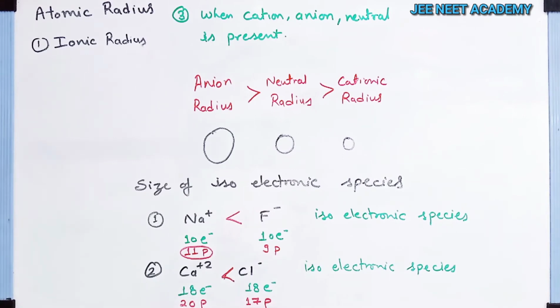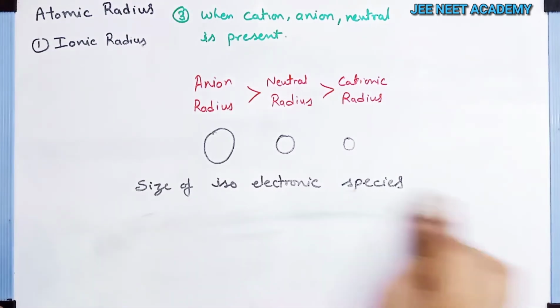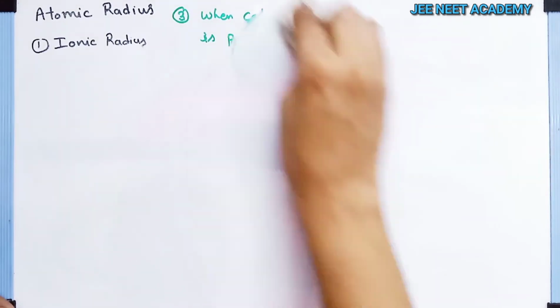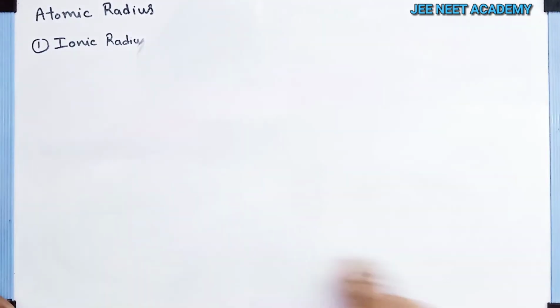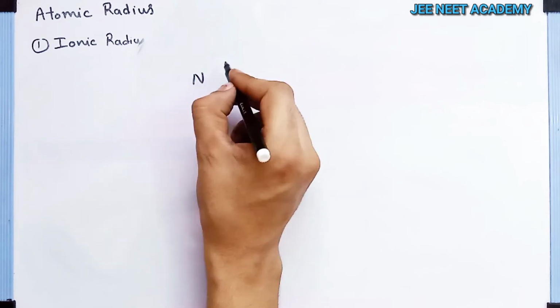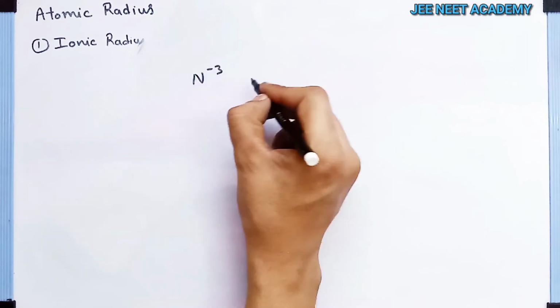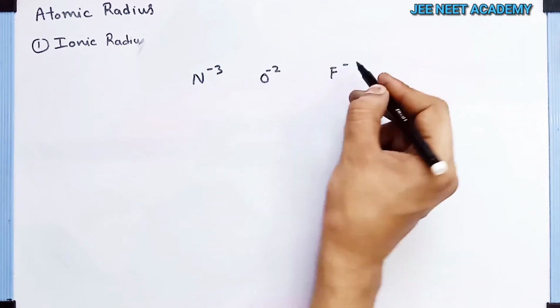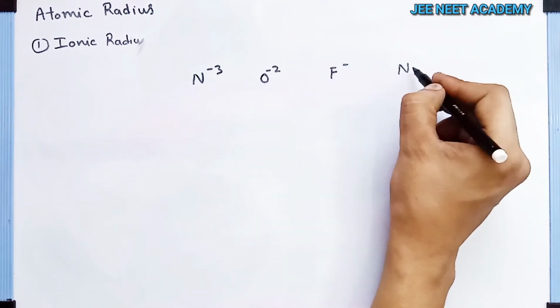Now we'll do an example here. N minus 3, O minus 2, F minus, Na plus.